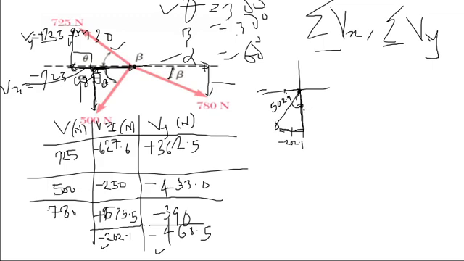And our vertical component is what? Minus 460.5. So according to the principle of finding the angle of a vector, this is opposite, this is adjacent.